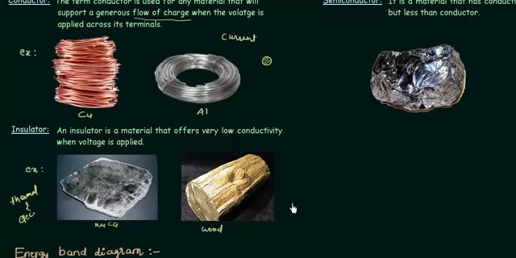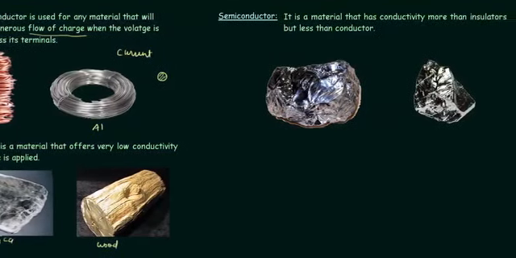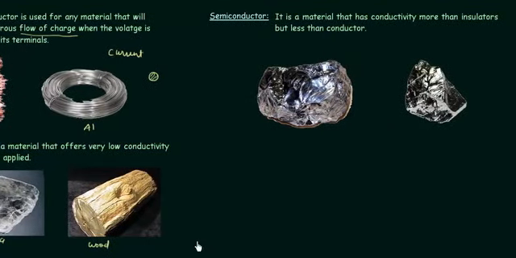Let's move to the next thing, that is our semiconductor, and the most important thing that you must know in this course. So let's start with the semiconductor. It is a material that has conductivity more than the insulators but less than the conductor. Very simple. That's why we call it semiconductor. So we can say that the flow of current in semiconductor is not as much as the conductor and not as low as the insulator.